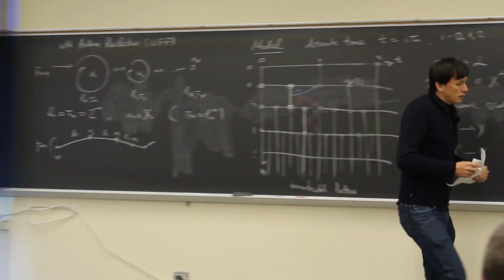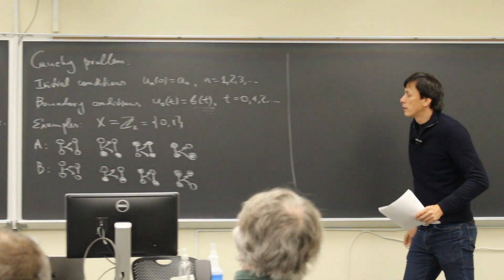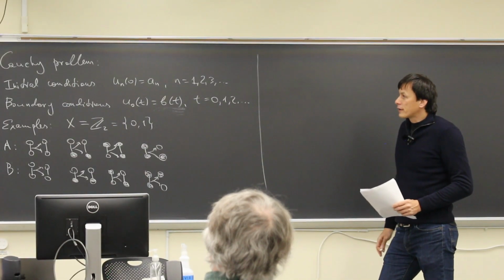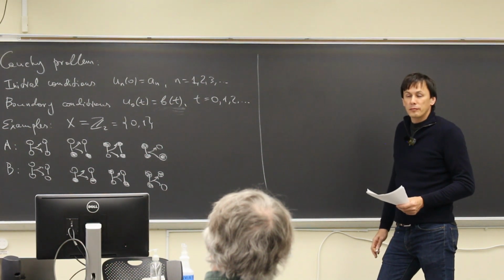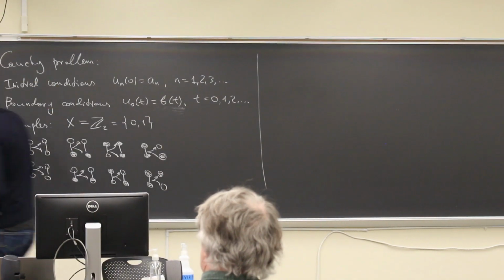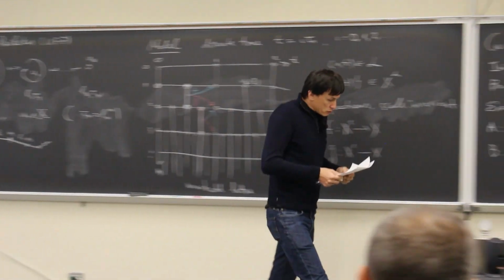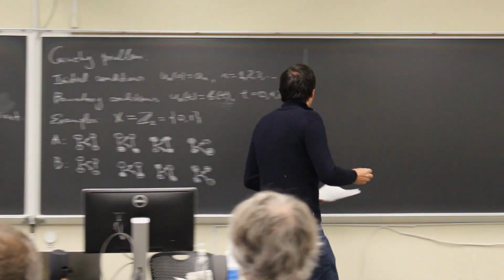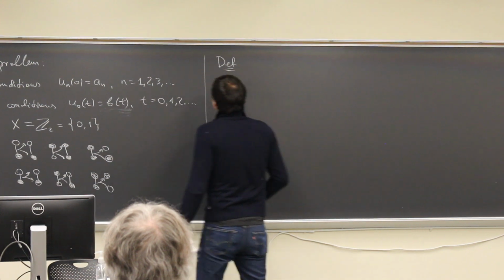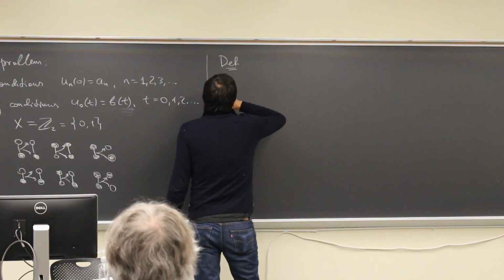So now there will be a few results which show that these kinds of models really capture many things that we know in partial differential equations, because this is at least an infinite dimensional system with this scaling. So first we can define what weak solution and strong solution mean.